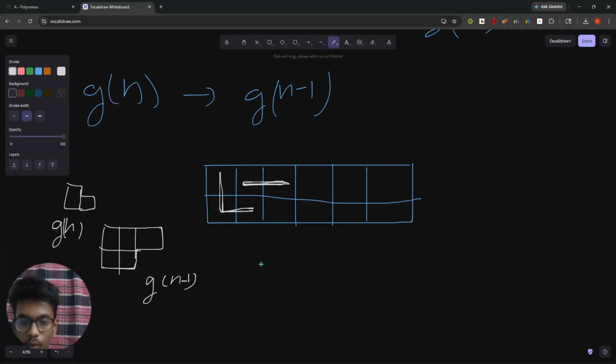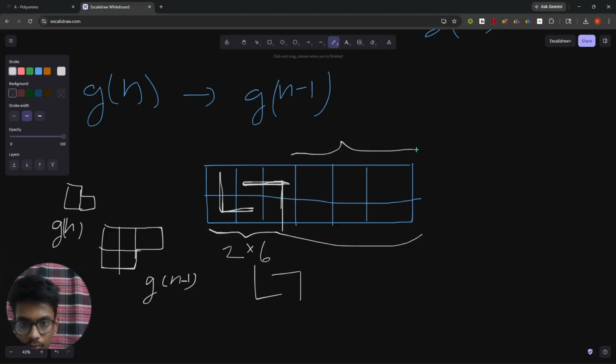But what if I end this with this one? What is this state leading me to? An L and L forming some sort of a joint kind of thing. Before it was a 2 cross 6 grid. Sorry, it was not a 2 cross 6 grid. One thing was already covered. So from this thing I have reached this particular state.